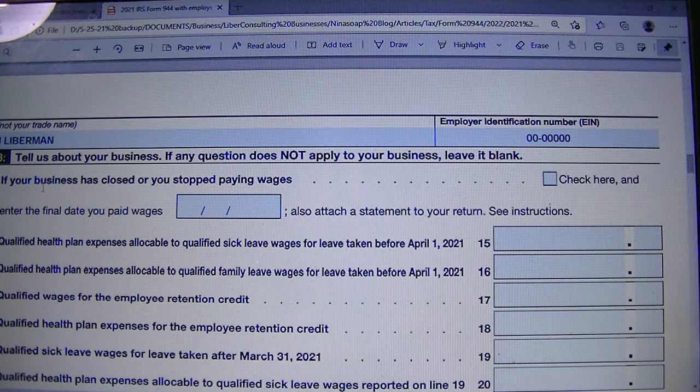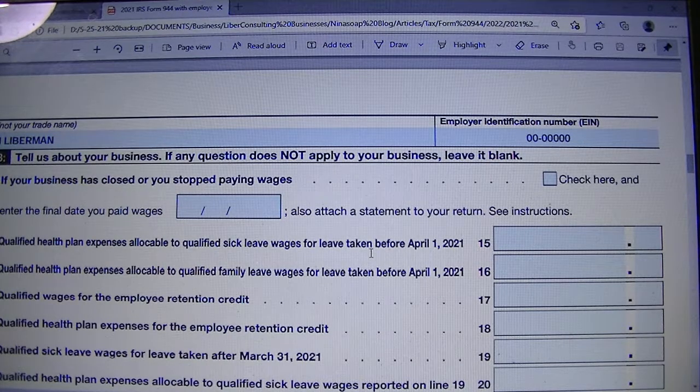So part 3, if your business is closing, then you will need to complete line 14, and you'll probably add an attachment. Could be a Word version, but the instruction has instructions.